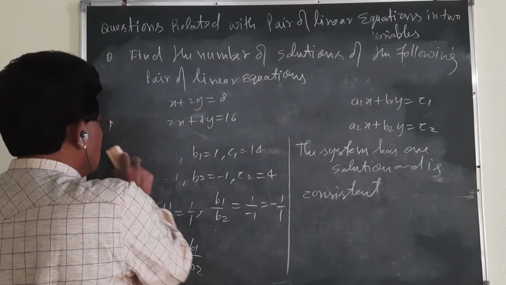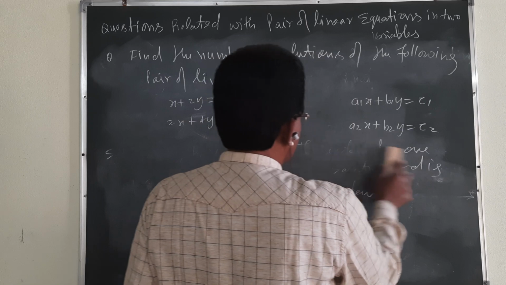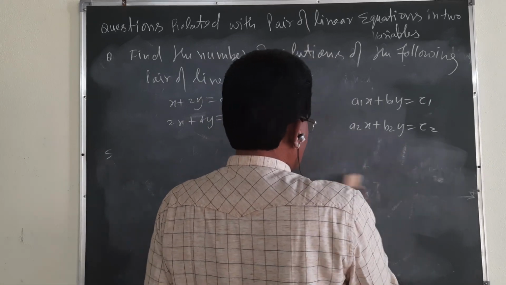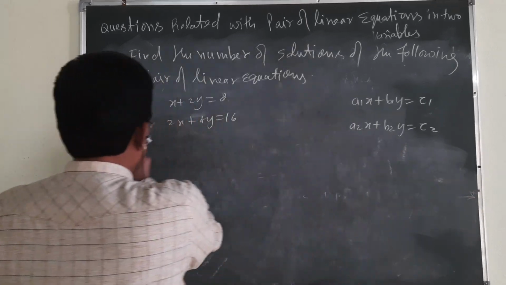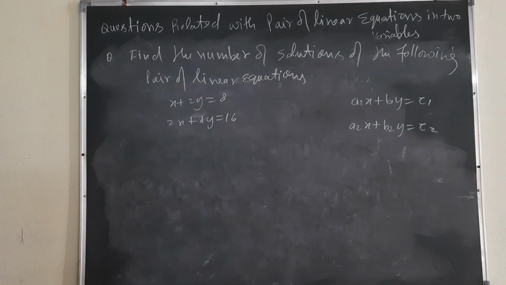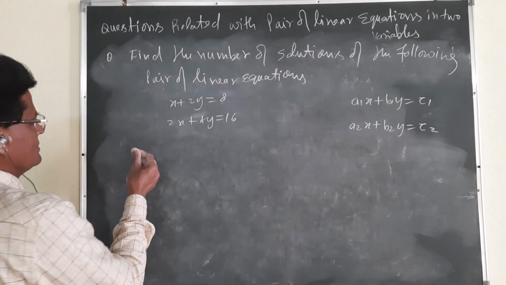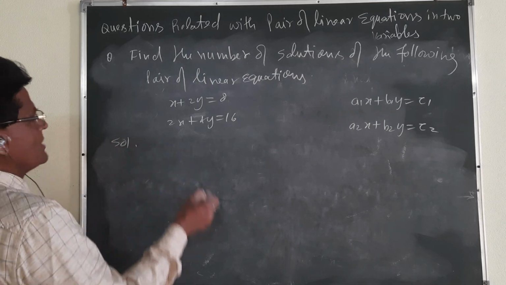Dear students, similar kind of thing. You will have to compare with the standard form of equations given over here, and you will have to check the values. See, solution.